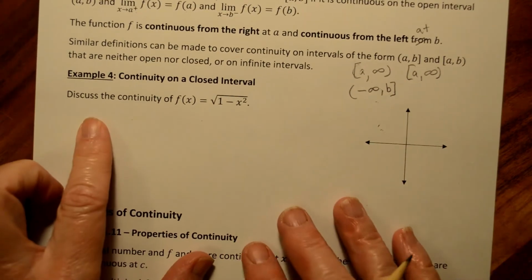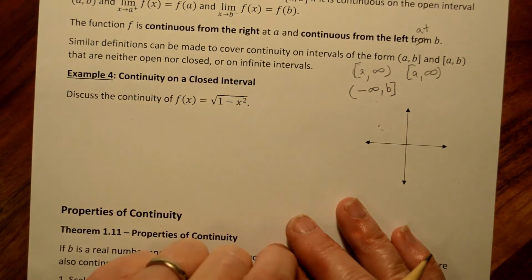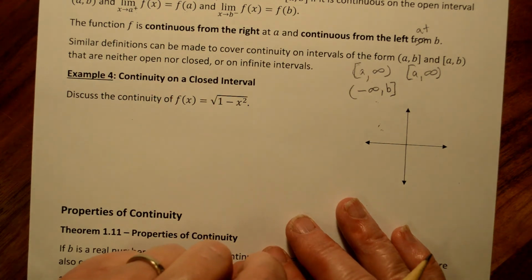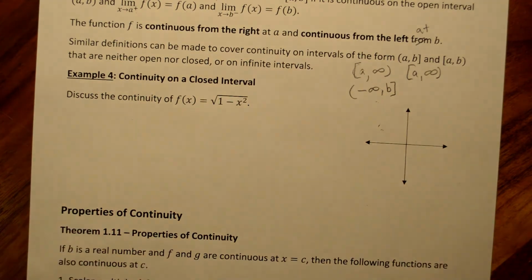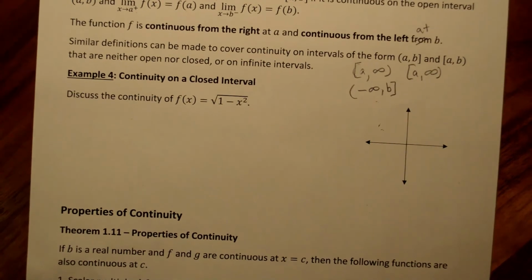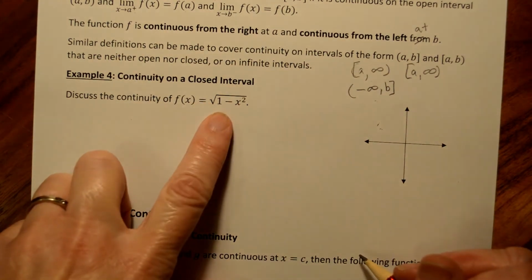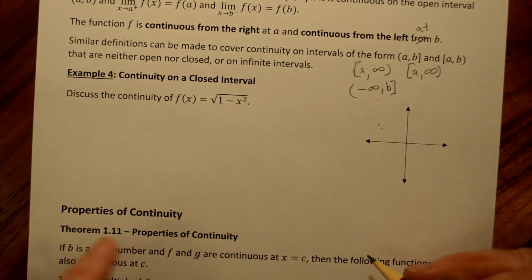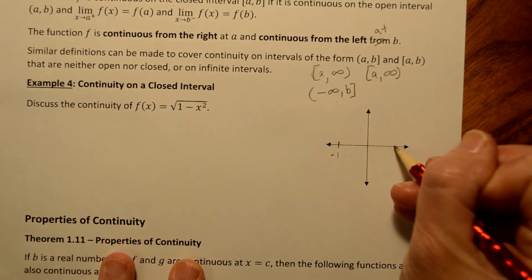All right, discuss the continuity of this function, the square root of 1 minus x squared. So again, I'm hoping that you're starting to recognize this. We just did one where it was 4 minus x squared under the radical. So hopefully you say, oh yes, finally I recognize this.